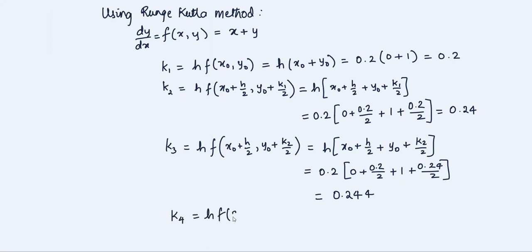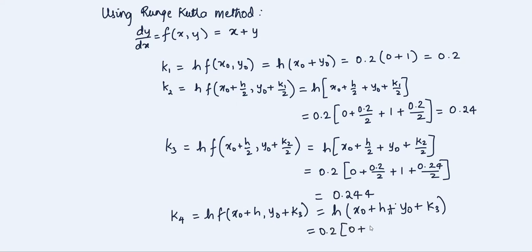K4 is h times f of x naught plus h, y naught plus k3, which is h times x naught plus h plus y naught plus k3. So 0.2 times 0 plus 0.2 plus 1 plus 0.244.